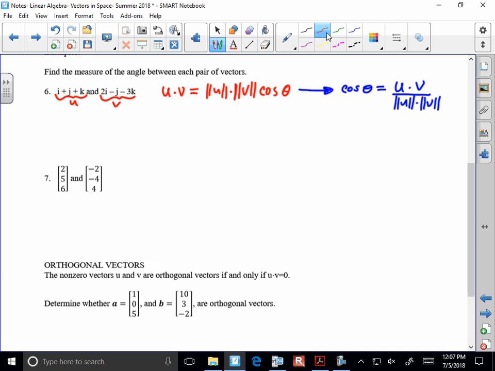All right, so let's start off with magnitudes. So we have root 3.